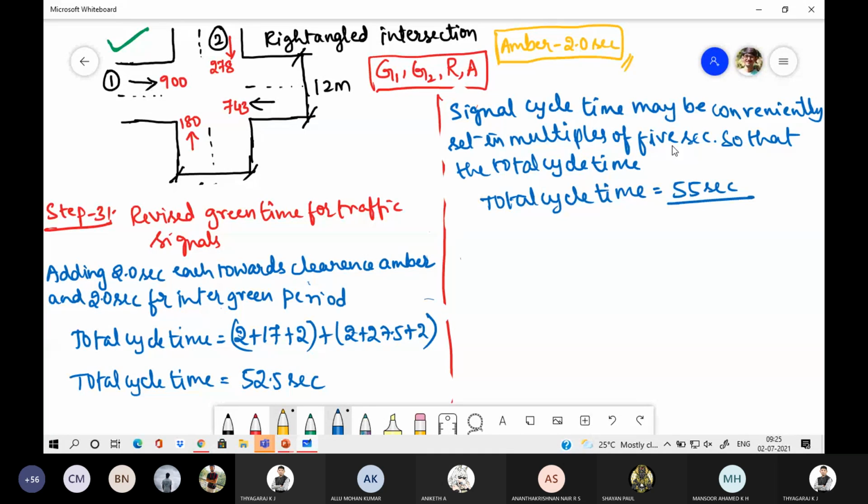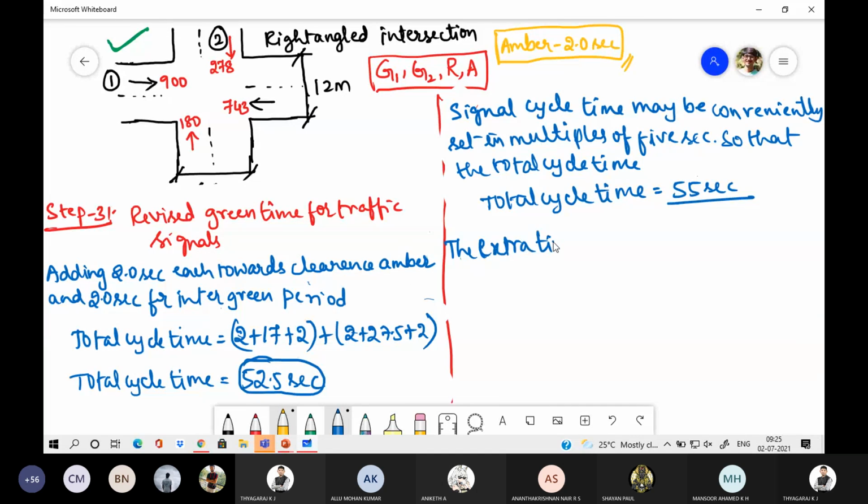So in the IRC method, if you are getting decimals, round it to 55 seconds. That is, it should be a multiple of 5. The entire number should be a multiple of 5. That's why I am rounding it to 55 seconds. So the extra time we have provided, we will check it.